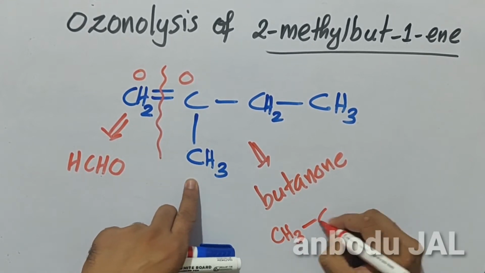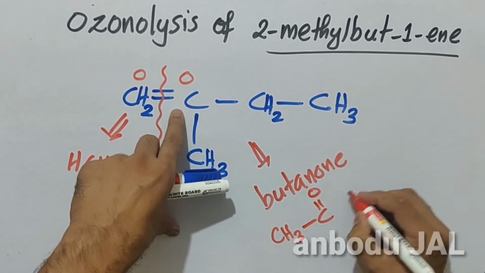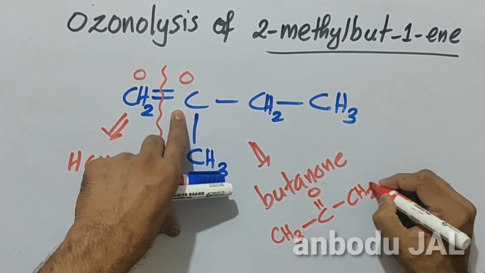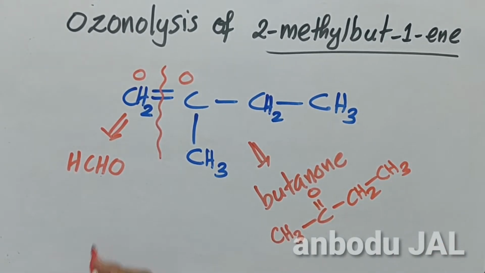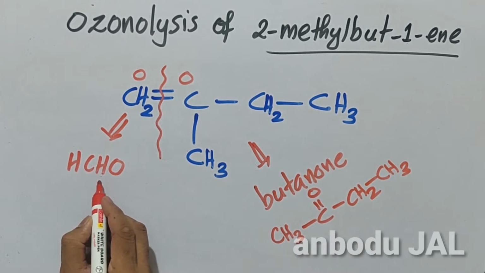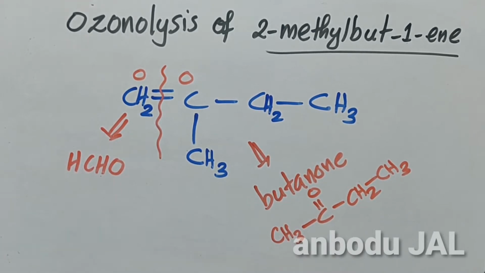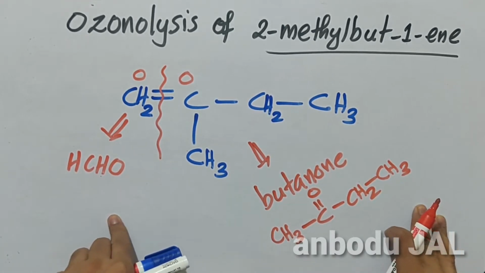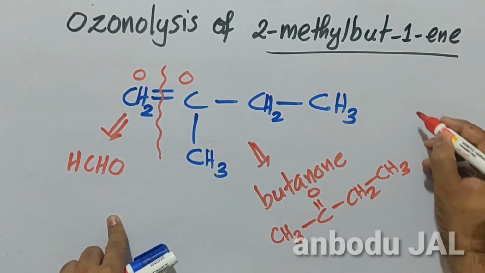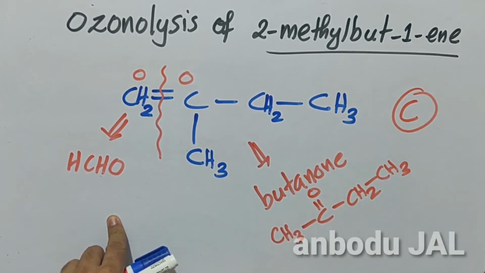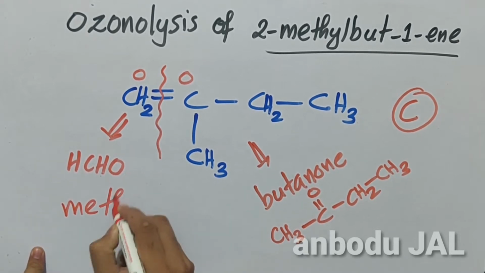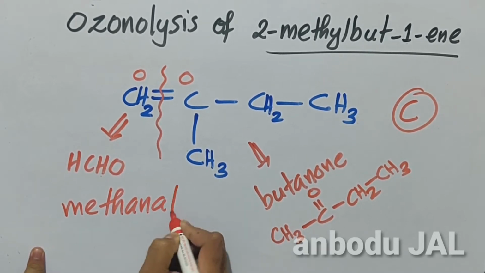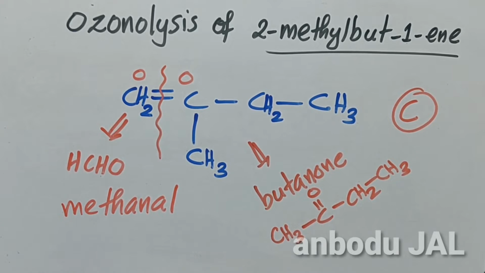CH3, single bond C, double bond O, single bond CH2, single bond CH3, butanone. This compound is methanal or formaldehyde. It is very clear from the given options. The correct answer is C, that is butanone and methanal. Methanal is the IUPAC name of formaldehyde.